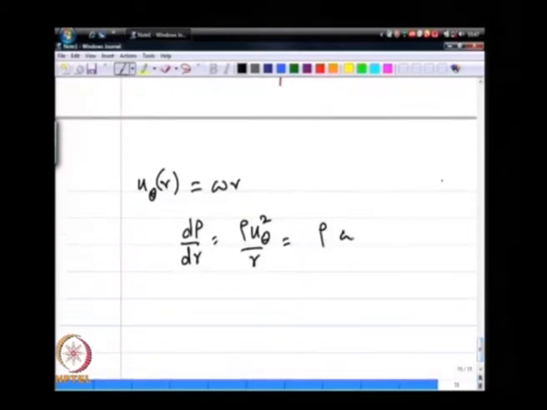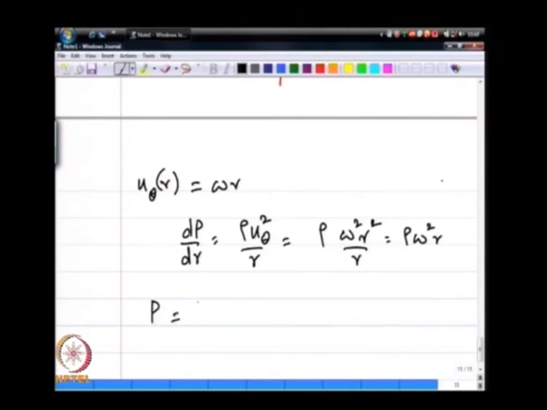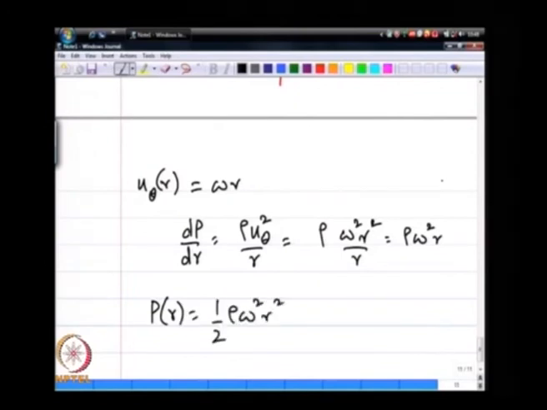So, this is rho omega squared r squared over r, which is rho omega squared r. So, if I integrate this, P of r equals half rho omega squared r squared plus a constant I will call P_0.